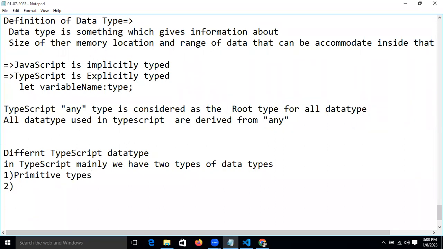Second one is non-primitive types. First one is primitive types, and second one is non-primitive types.